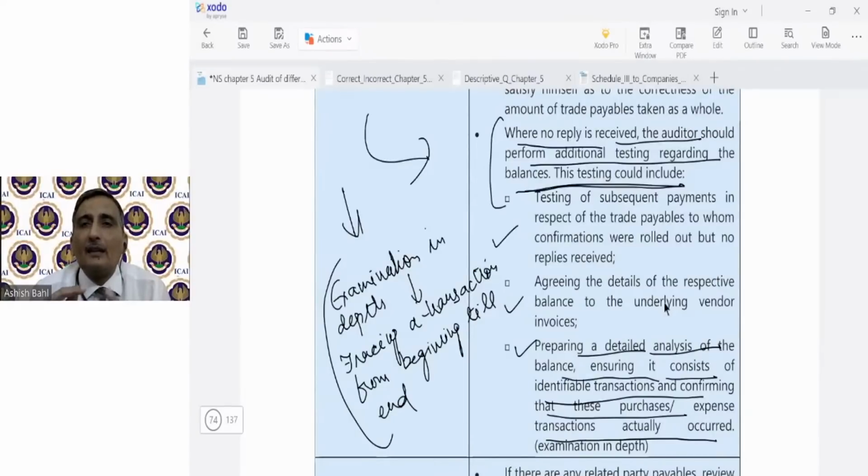Say the amount is outstanding as on 31st March, then you can see the payments made in the next year, in 23-24.